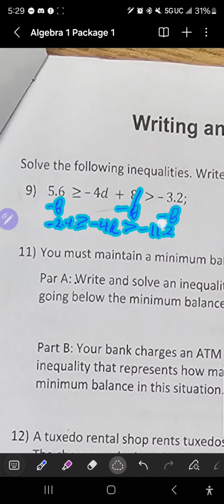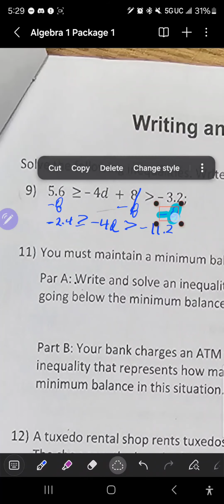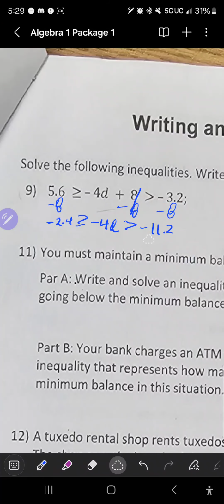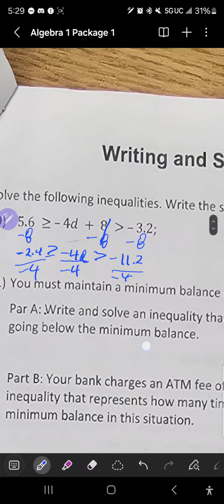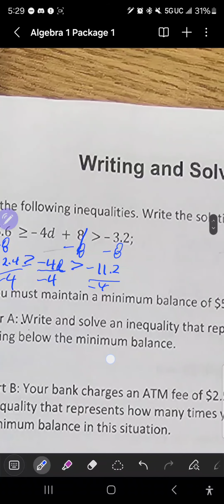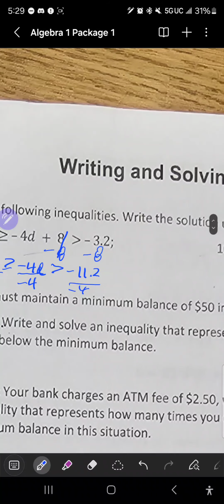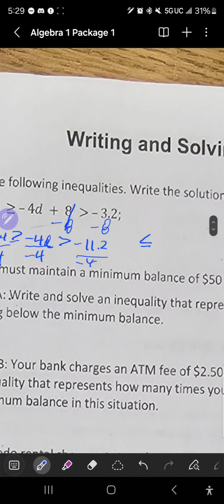I'm going to make this smaller. Okay. Now we divide all sides by negative 4. As I explained before, every time we divide or multiply by a negative number, the sign is going to change. So right now it's going to be less than or equal for the first one and less than for the second one, since the second one doesn't have an equal sign. So just flipping it.